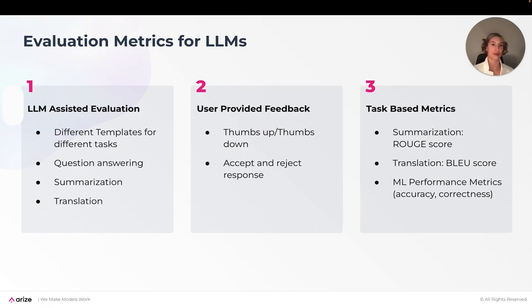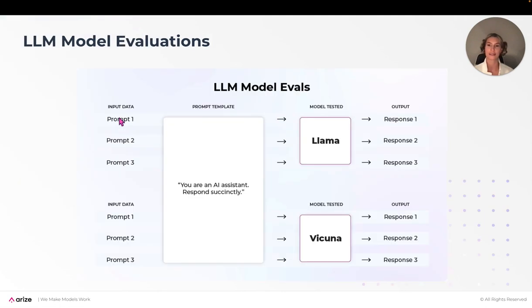Is this relevant or not relevant to what you have been going through, especially with chatbots? Task-based metrics for your specific use case. And LLM-assisted evaluation is becoming more popular, leveraging a different LLM for the evaluation step than the creation step. And having a human in the loop is always preferable in these use cases because LLMs are prone to hallucinations.